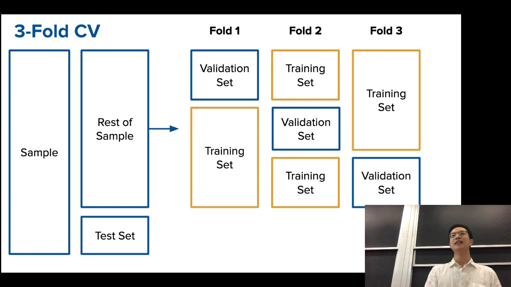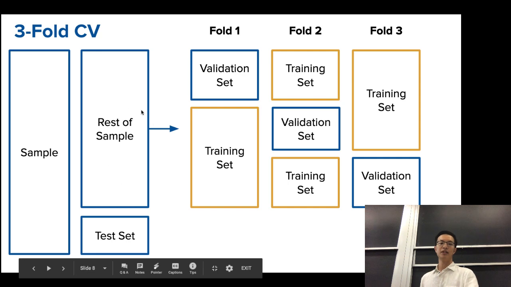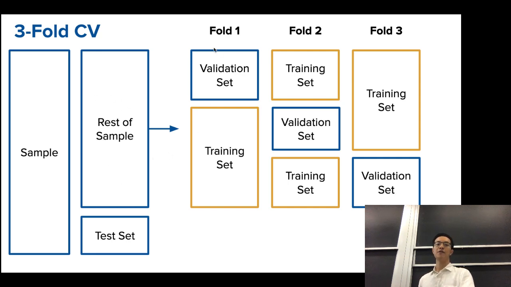Here's fold 3. So this is one sample, and I've split it up into 3 parts, and for every fold, I'm taking the first third, the second third, and the last third as a validation set. By doing this, I'm training my model 3 times, and I'm computing 3 validation errors, each time on this blue validation set here.